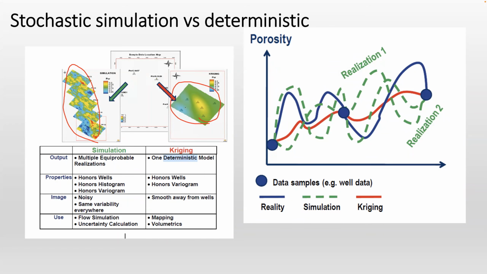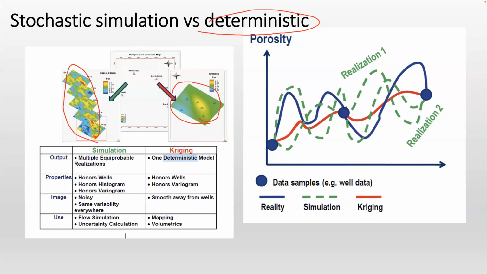But whenever you use a deterministic model, it shows a very smooth model, and maybe it doesn't represent the reality. Look at, for example, this one, this is based on Kriging. This is a deterministic method.